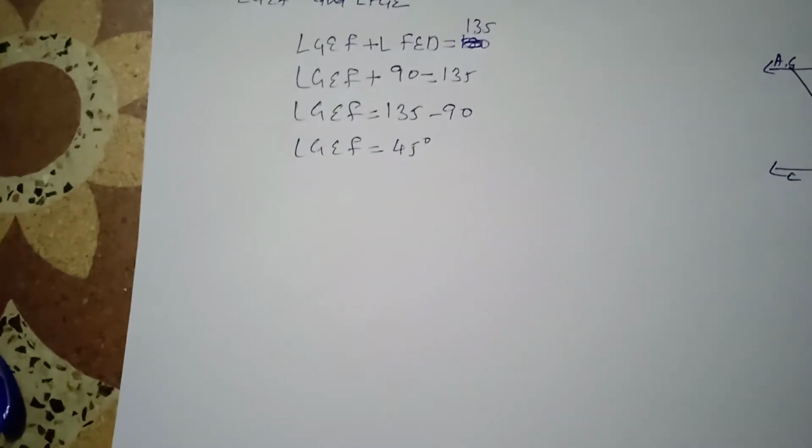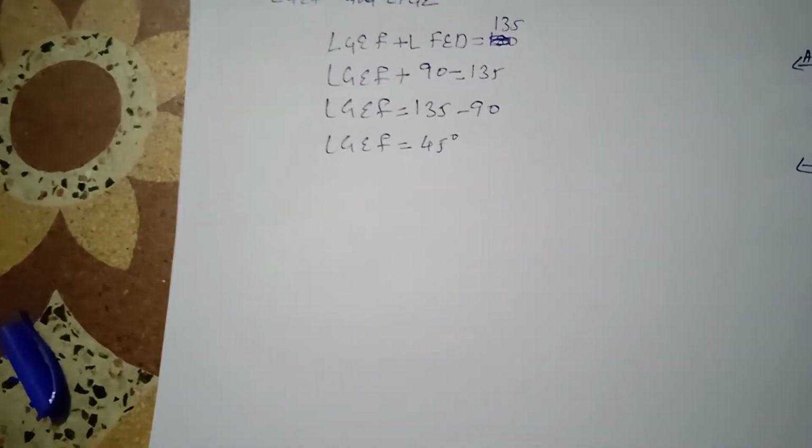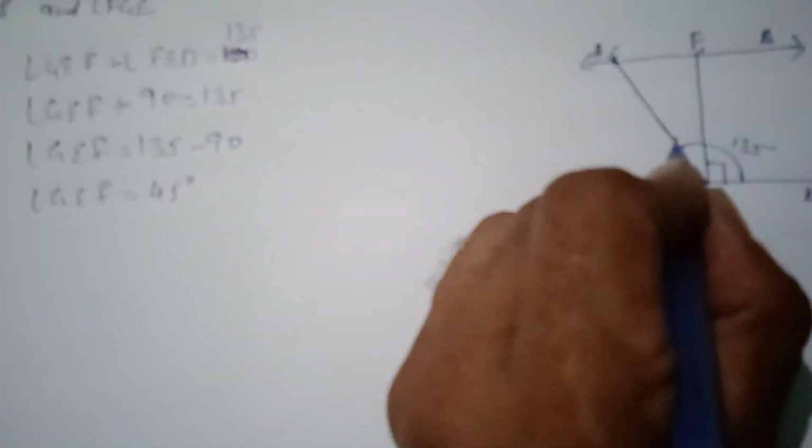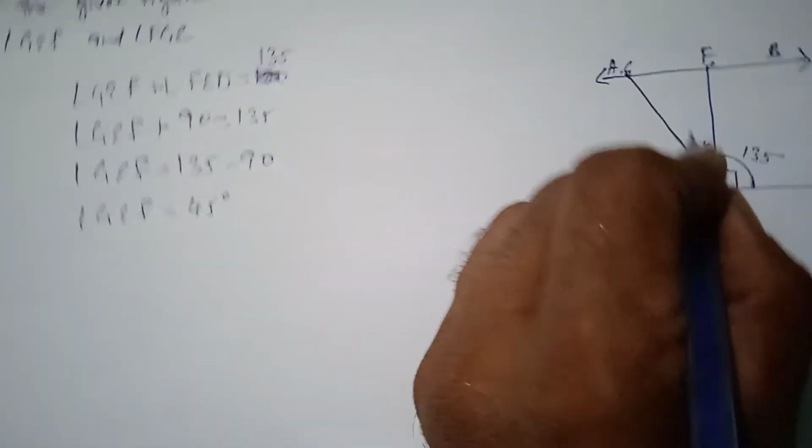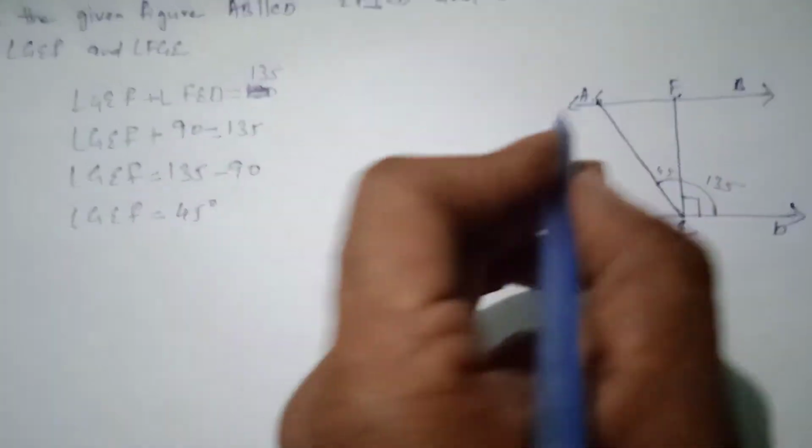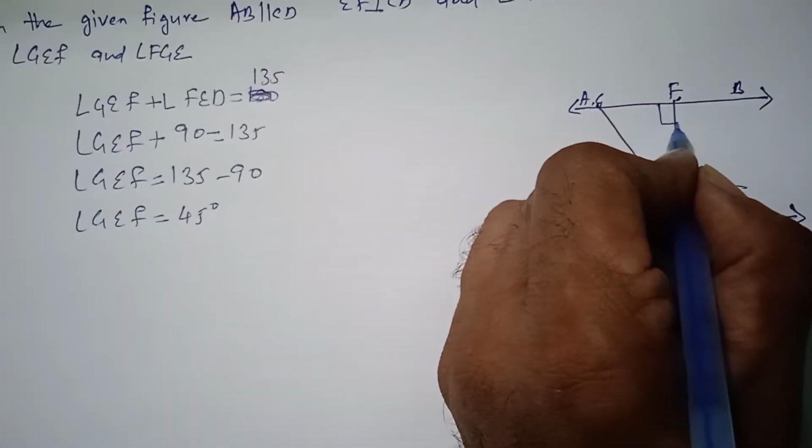GEF we are getting. Now we want to find angle FGE. This angle we are getting 45. We all know it is a right angle.